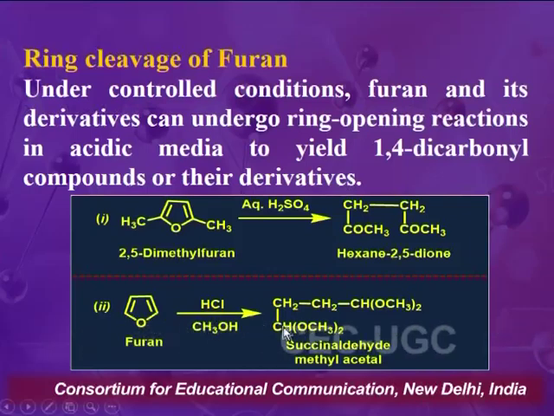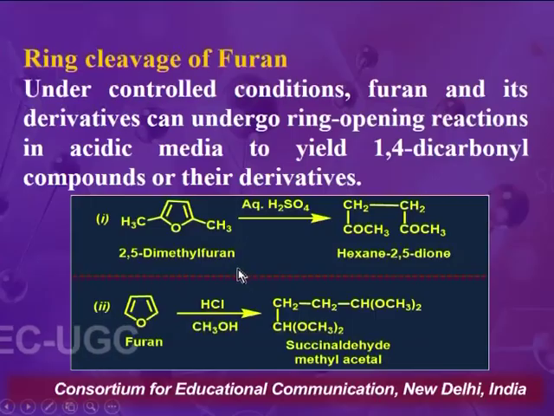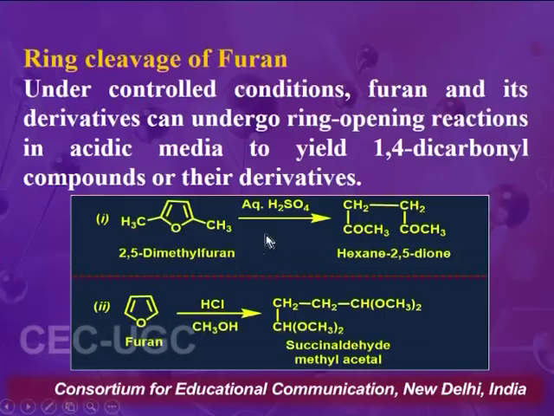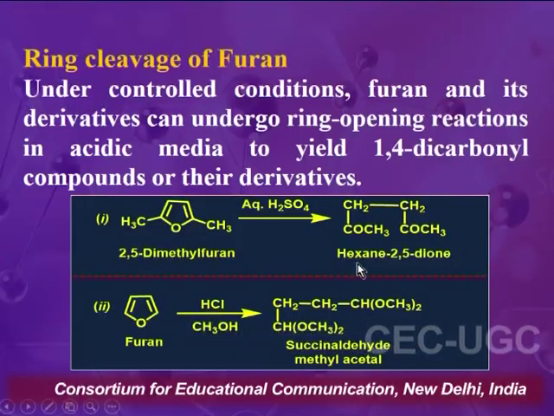As you can see, in the first example, we have taken 2,5-dimethylfuran as the compound, and on treatment with aqueous sulfuric acid, it will produce hexane-2,5-dione as the product.